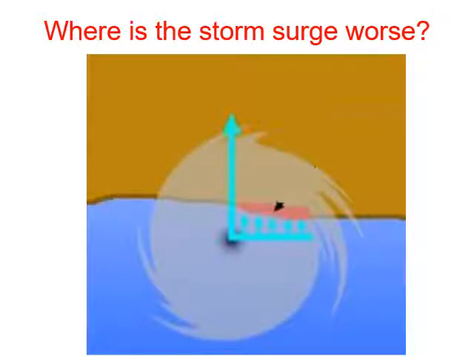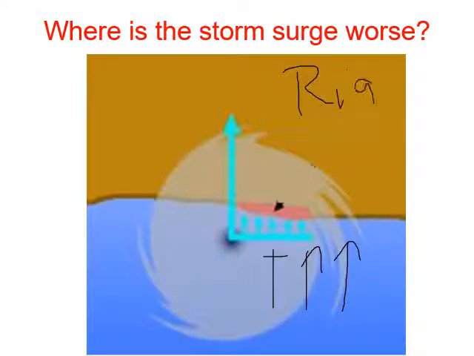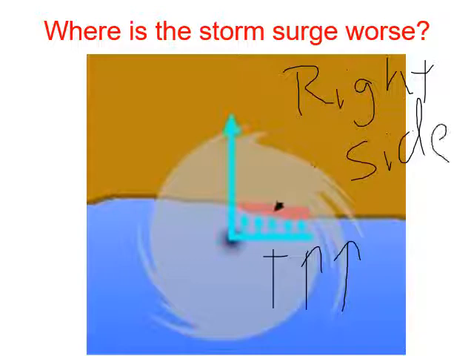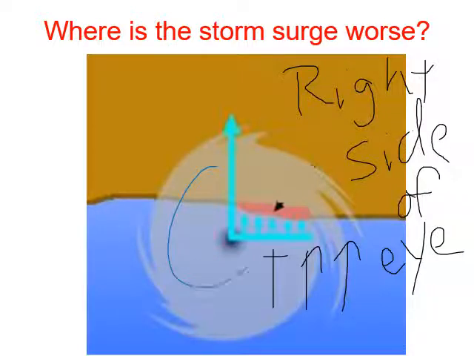The storm surge is always worse on this side of the eye. We're going to say the right side of the eye, because hurricanes are swirling like this.